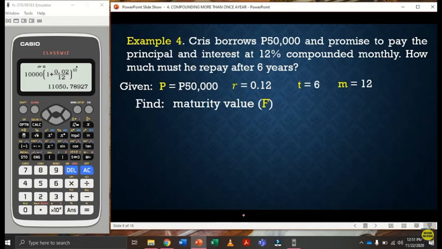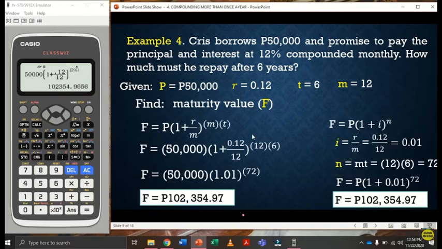Then watch it. Its interest for 6 years is small. That 12%. So, this is the solution.